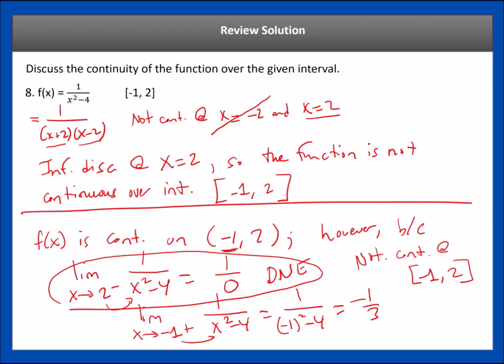However, I wanted to be more explicit and show you that it is continuous from -1, on this open interval and on this mixed interval. So it is continuous when -1 is inclusive, but the troublesome part is the 2. All right? So a little bit more explanation is necessary, but I wanted to include it nevertheless.